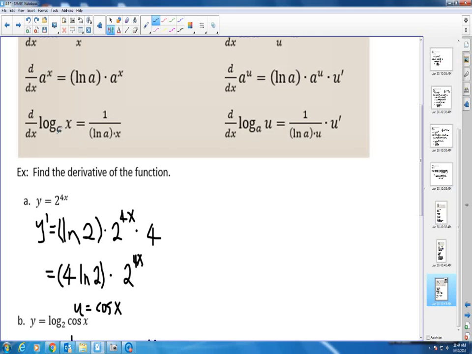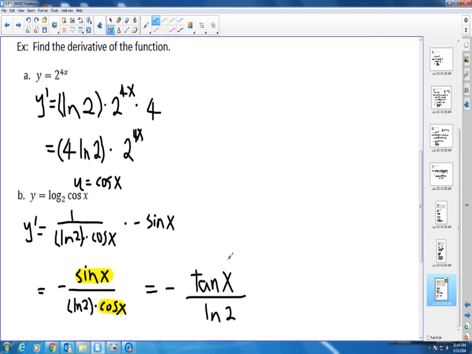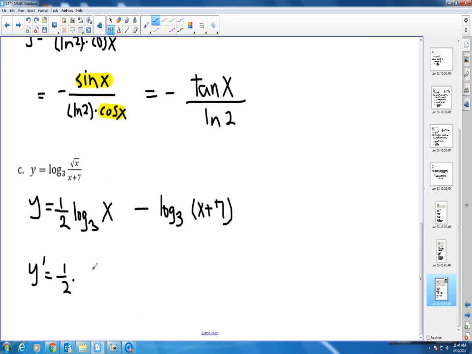That will be 1 over natural log of my base 3 times my u, which is my x, times u prime. Derivative of x is 1, so I'm not even going to write it. I'm going to put my natural log of 3 in the parenthesis, so you won't say that's 3x.